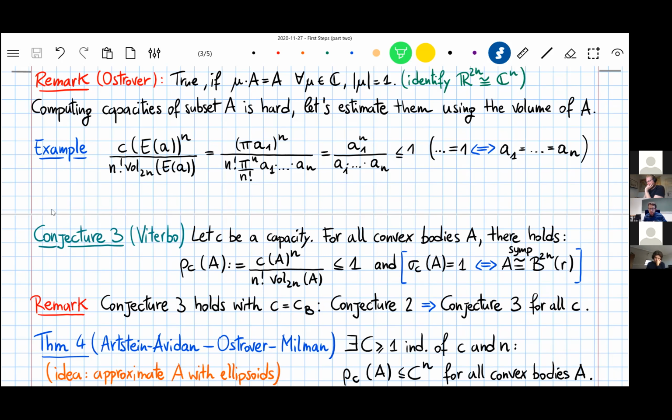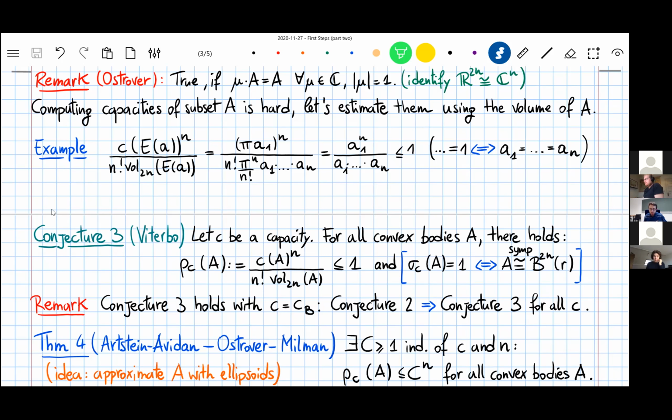So the best thing you can do is try to estimate this capacity. One way to estimate it is by comparing it with another type of measurement that you have at your disposal. In this case, it is the volume. We saw that volume also has a symplectic meaning. So a way is to compare these two things.